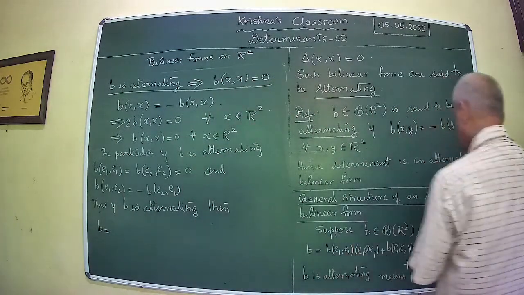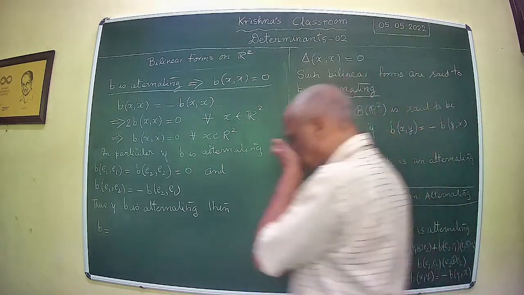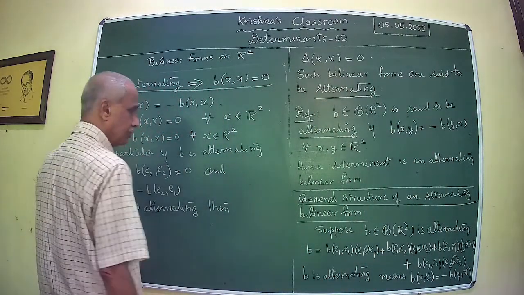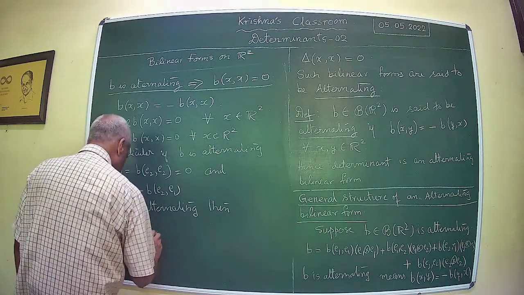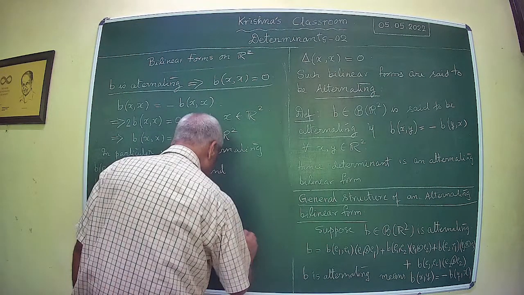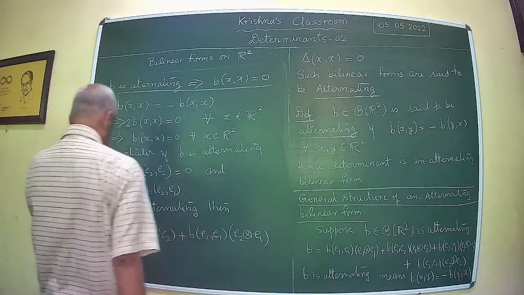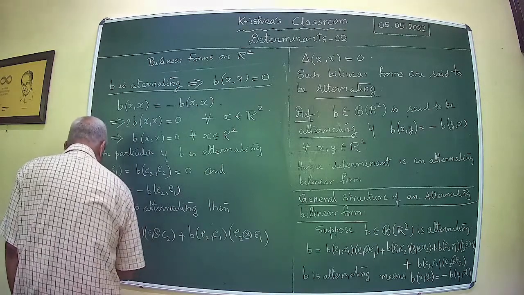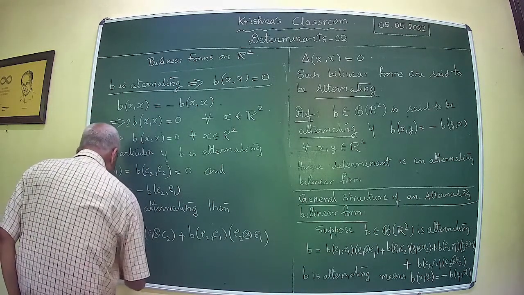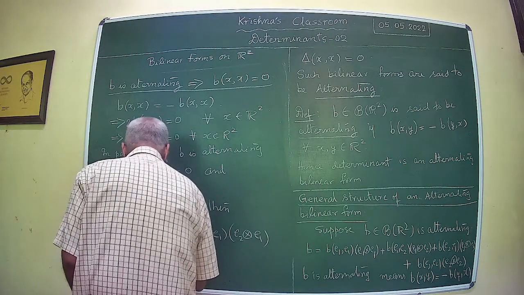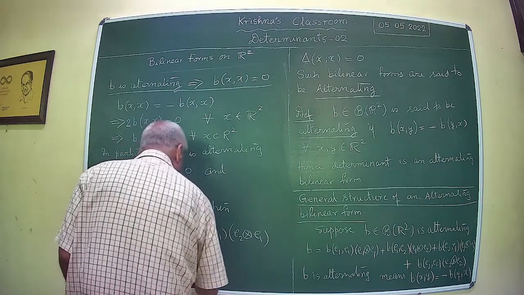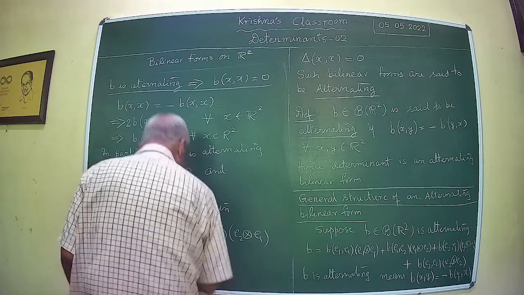B E1 E1 is 0, B E2 E2 is 0, therefore this is equal to B E1 E2, which implies, which is equal to B E1 E2 into, that is the structure.